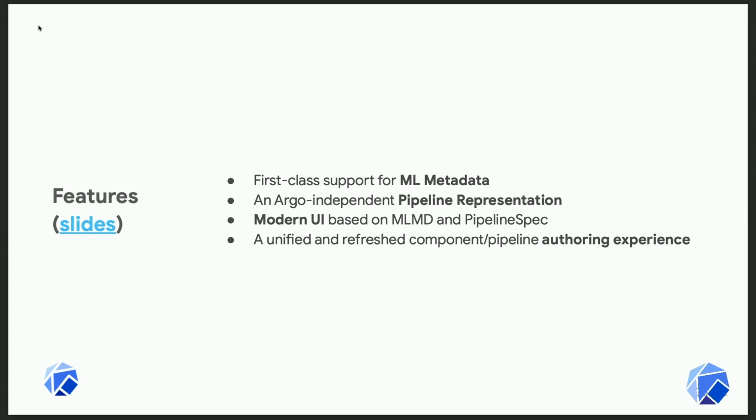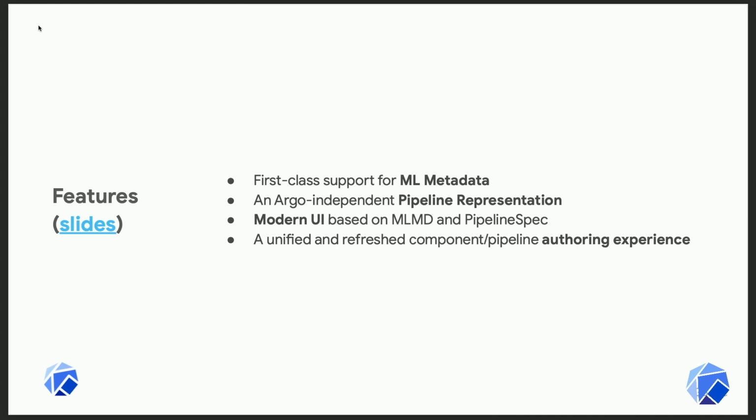So one thing to know is that with the KFP v2 GA, you are still able to use KFP v1. That means if you have a large chunk of pipeline templates that you have already created in KFP v1, don't worry and just upgrade them to the newer version of Kubeflow and also the newer version of the KFP runtime. If you want to continue using the KFP v1 SDK, you can use the v1 SDK for now.